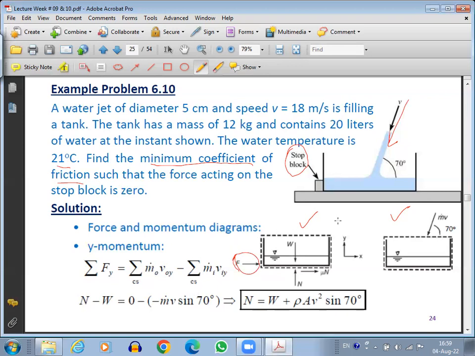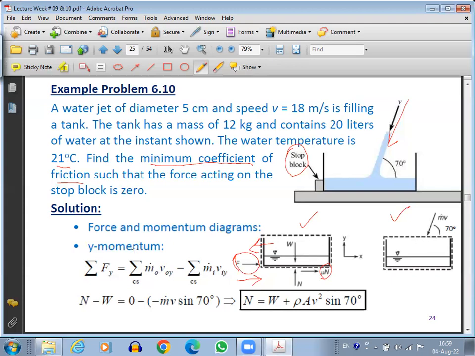In this case, because of the momentum of the jet, the container will be trying to move here, so the force of friction will be applied in the opposite direction. The force of friction depends upon the normal reaction, so it's basically mu N. And then we have just a single momentum of the fluid flowing into the control volume.